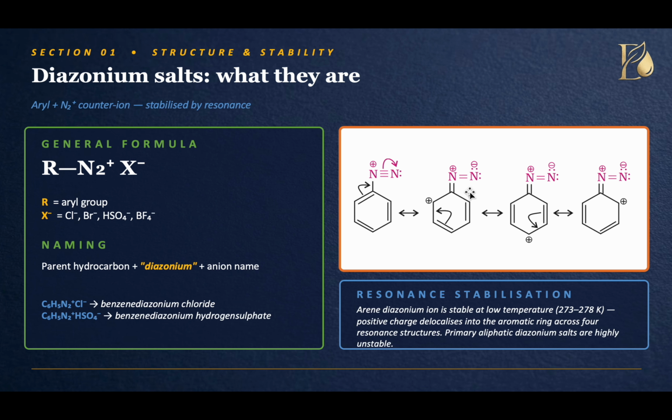They are not stable at high temperature. And as we have discussed in the previous video, primary aliphatic diazonium salts are highly unstable. They cannot exist, so they will decompose to release N2. So we have discussed that. Okay, so basically we know aromatic diazonium salts are stable compounds. So that's about the structure and the naming of diazonium salt.